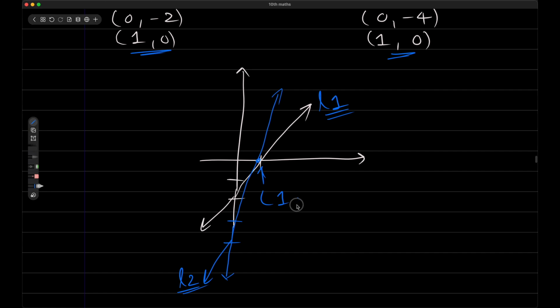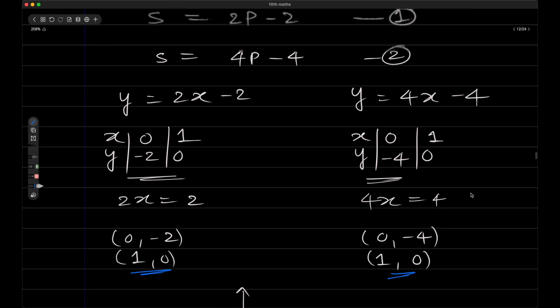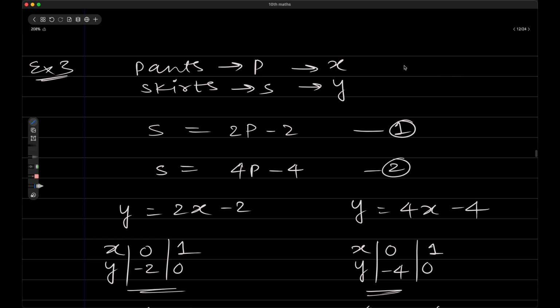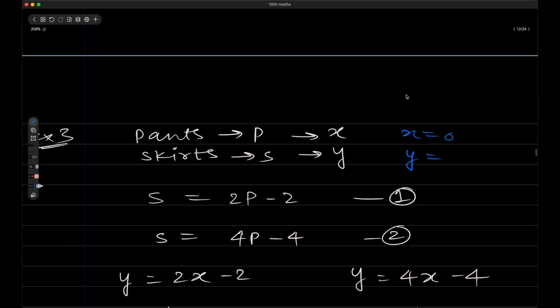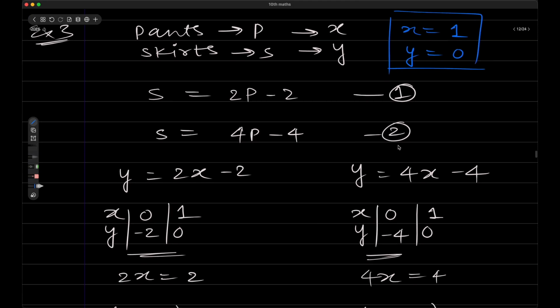The intersecting point is 1, 0, and that is the solution, that is x equals 1 and y equals 0 is the solution. If we put x equals 1 and y equals 0, the equations will satisfy.